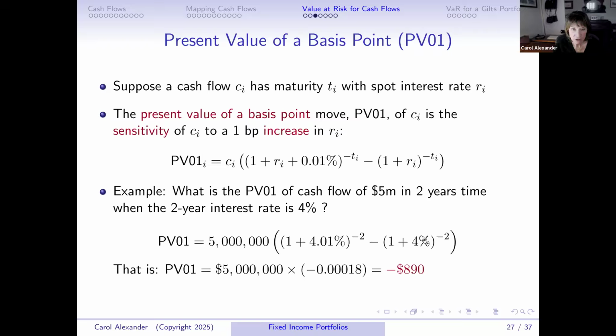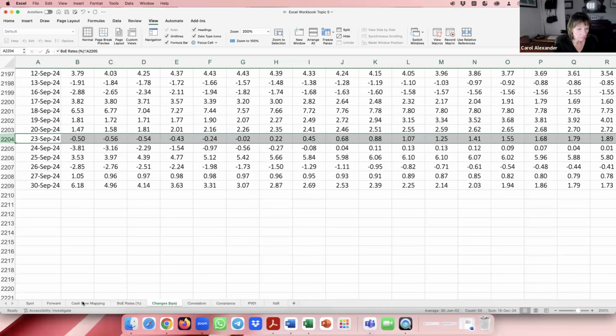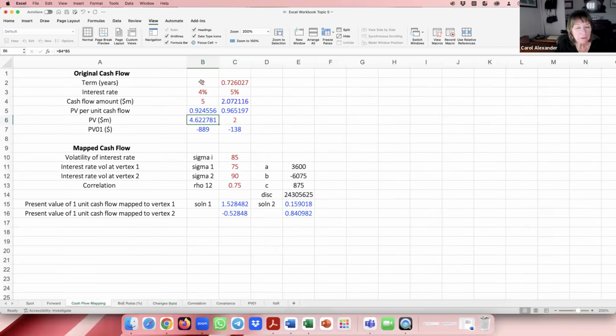Let's have a look at this in the spreadsheet. Here, we've got 2 years' time, interest rate 4%, cash flow amount 5, and we can find the present value in the usual way, just multiplying 5 by the discount, which is 1 over (1 + B3) to the power B2, or we could have easily said (1 + B3) to the power minus B2, same thing.